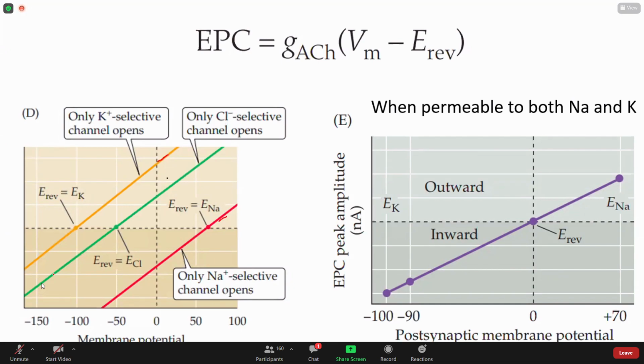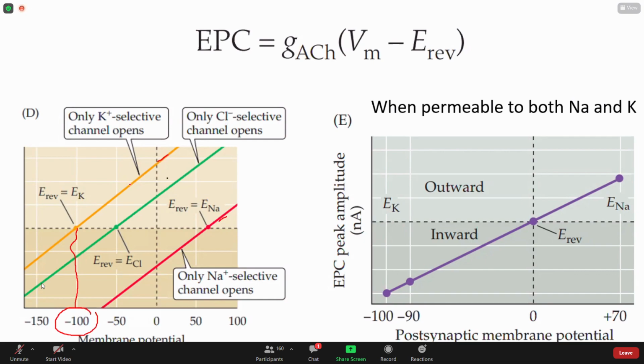So for example, if the channel is selective only to potassium, as in this case, the reversal potential would be the same as the equilibrium potential for potassium. You remember the equilibrium potential, don't you? You do. So the equilibrium potential for potassium, we know, is around negative 100 millivolts, right?